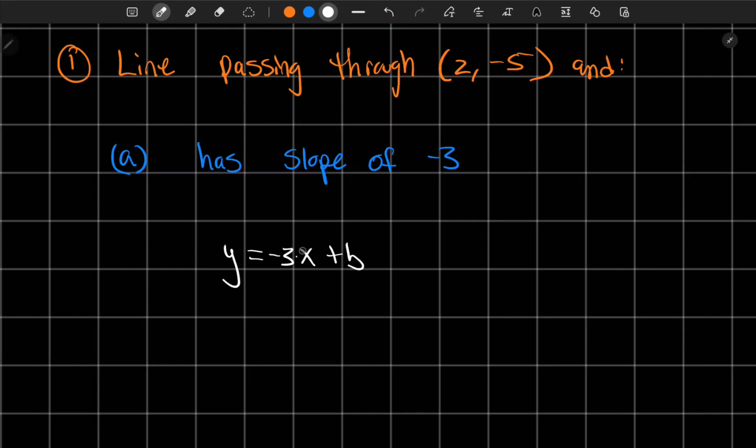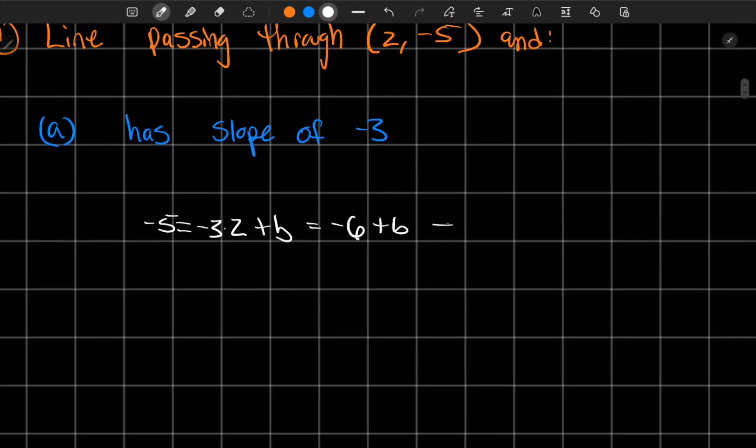So plugging in, we know that there's an x value of 2 and a y value of -5. Doing so, this becomes -6 plus b. And this implies that b is equal to 1 because you can just add 6 to both sides.